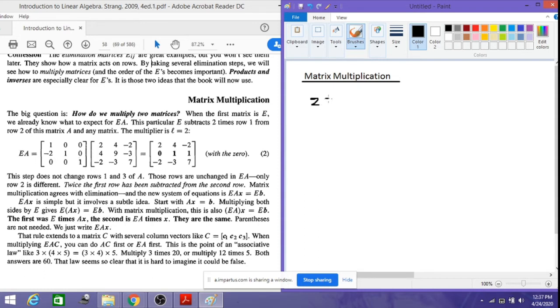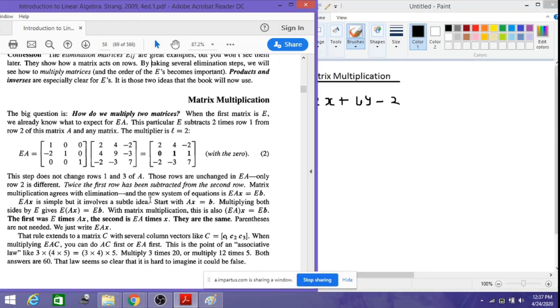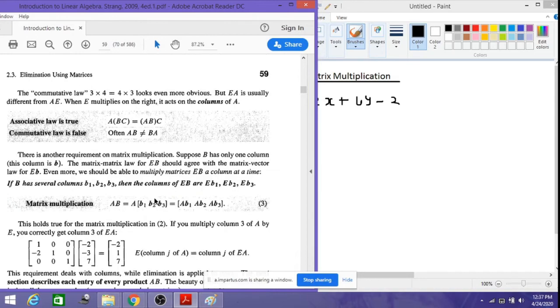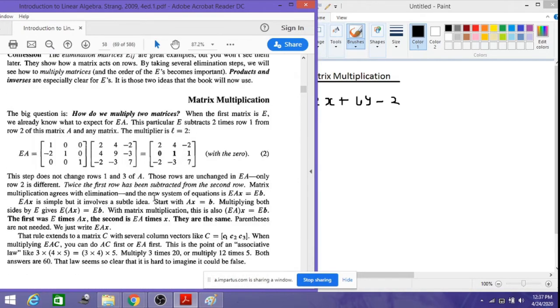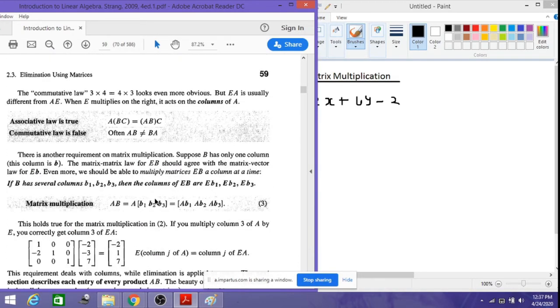Now we have seen from the previous example, let me write it like this. So we had 2x plus 4y minus 2z, which is the left hand side. We are not interested in the right hand side now because we are not going to solve it.